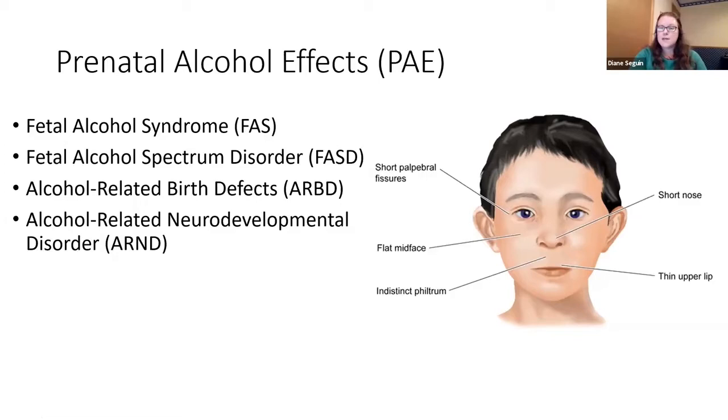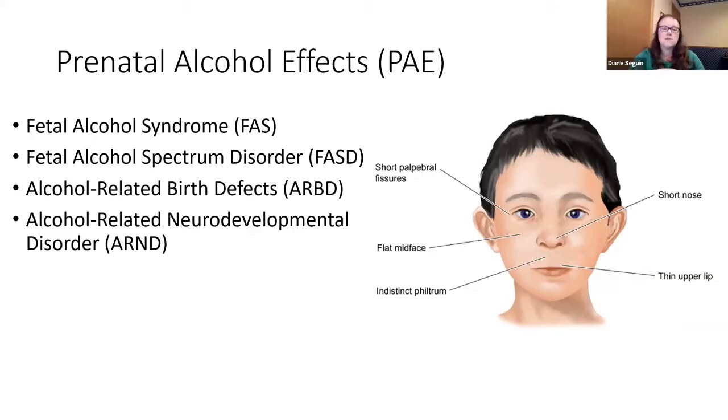As more research was done, it was found that children actually show a whole range of impairments or difficulties following fetal alcohol exposure. So the term fetal alcohol spectrum disorder encompasses both high impairments or high changes due to the fetal alcohol exposure, and also maybe just behavioral effects.